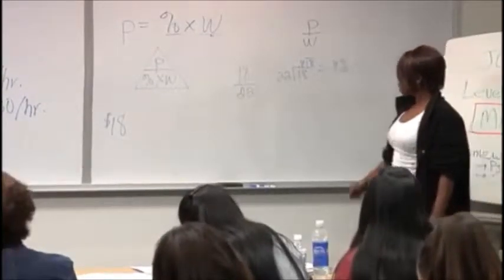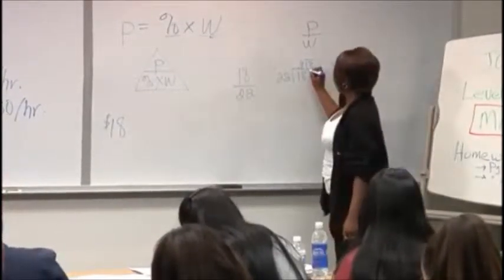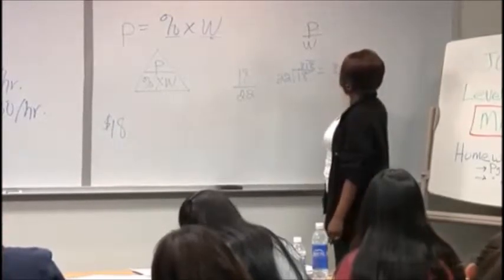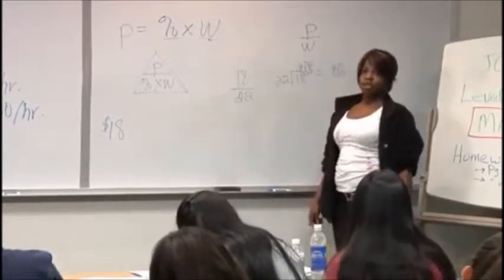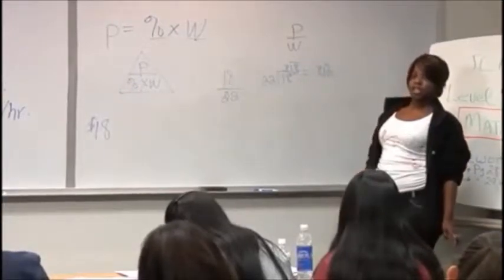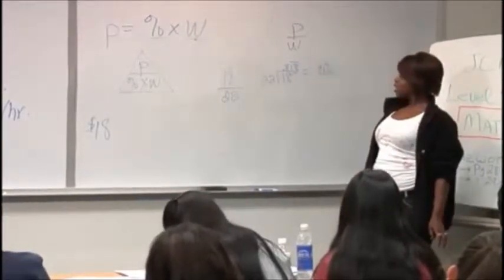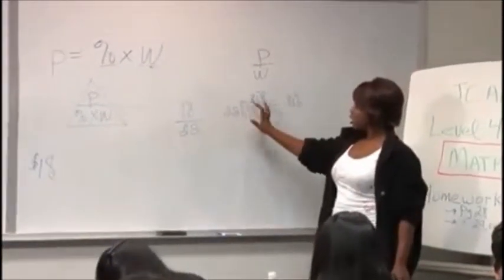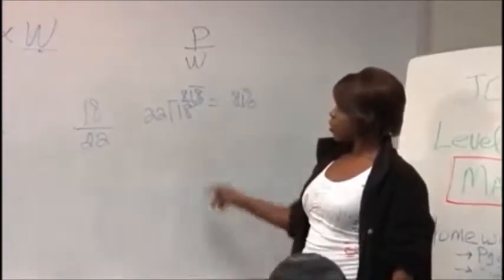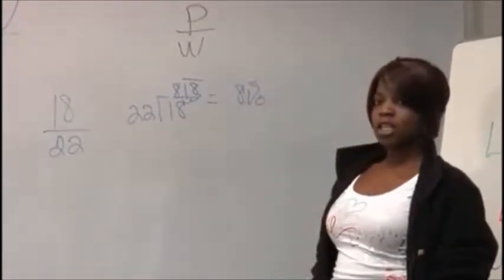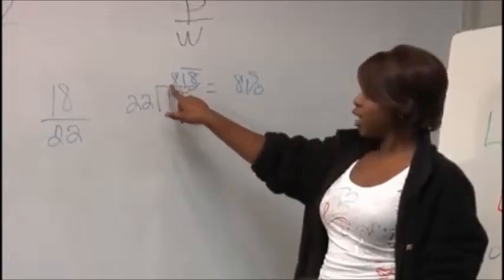Look at where your decimals are, Marquita. So it'd be 8.1%. In the initial problem, 18 divided by 22, where's the decimal? In front of the 8, actually.